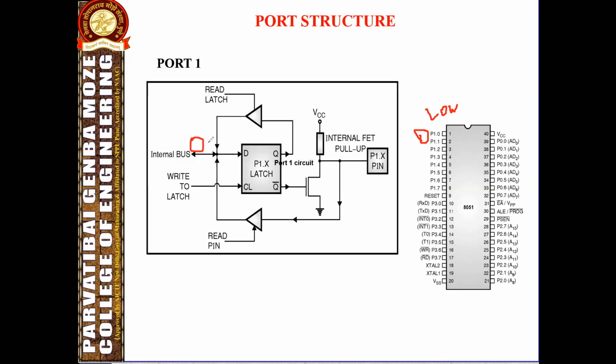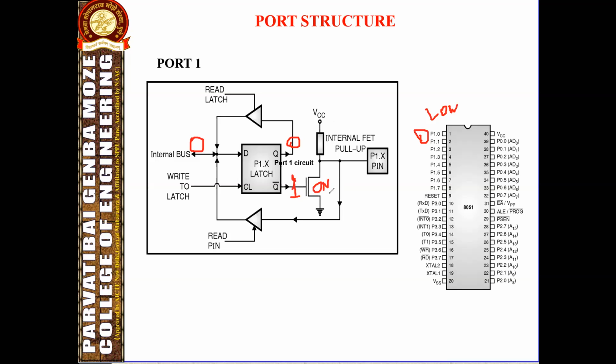If we provide a low signal here, the delay flip-flop produces the same low output. Then the complemented output will provide 1. The 1 comes here. After the high signal reaches the gate terminal of this FET, the FET will become on.